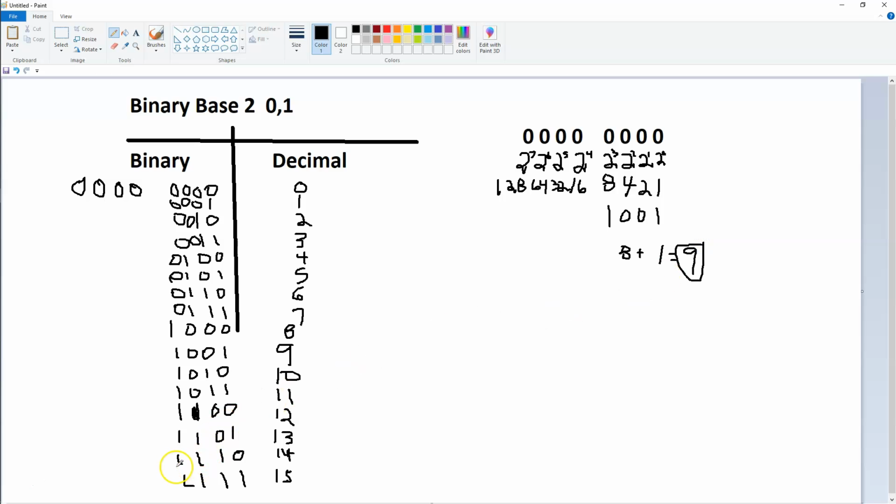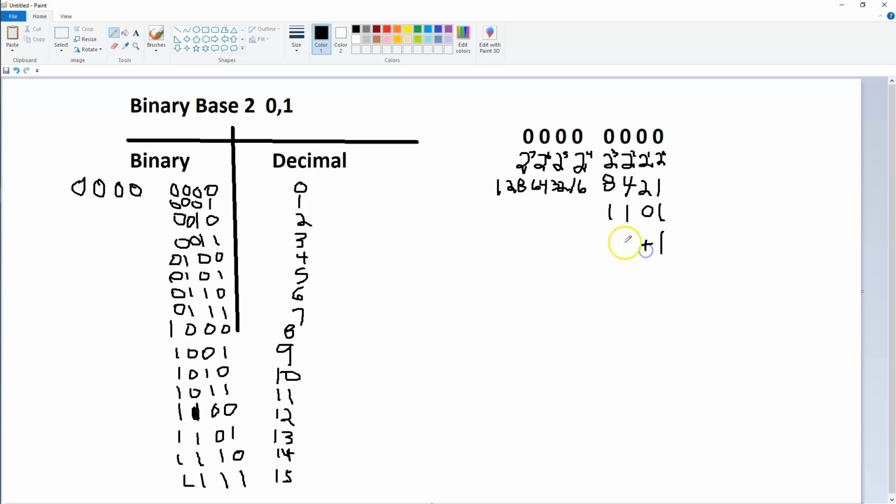Let's look at another one. Okay, let's look at 13. 1, 1, 0, 1. I'm going to erase this so we can take another look at it. So I've got 13: 1, 1, 0, 1. 1 times 1 is 1.